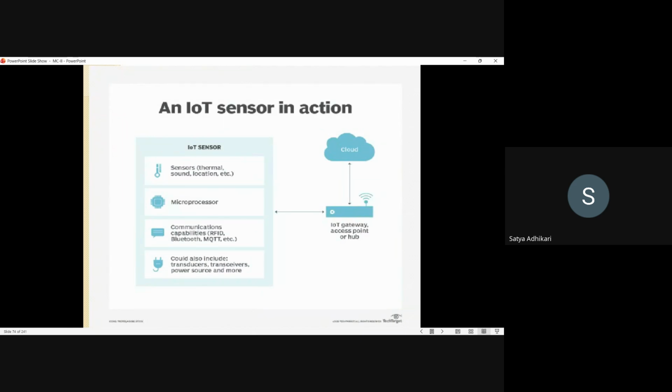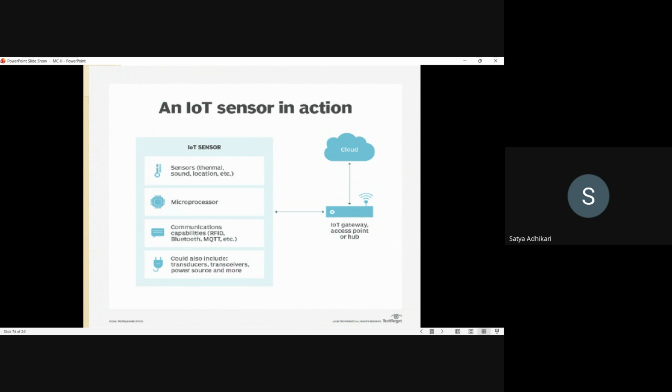And this is the block diagram of an IoT sensor. It consists of different components. You see, there is an IoT gateway, access point, or hub, and it is connected to the IoT sensor. The IoT sensor has a sensor, which may be a thermal sensor, sound, location, or pressure sensor, whatever it may be.